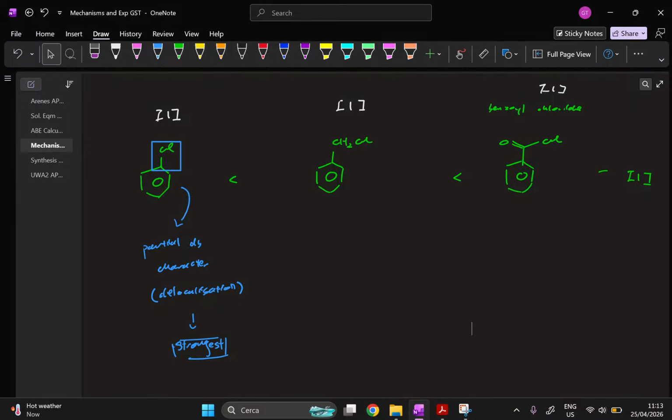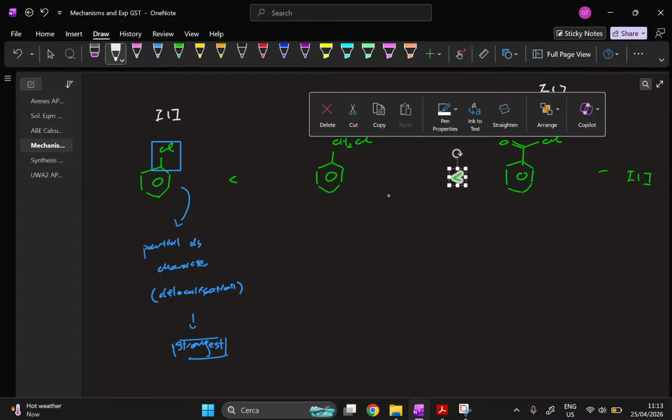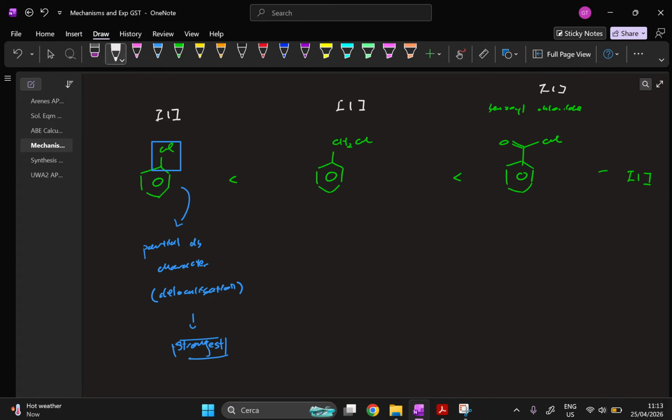Okay, so in this case, next one is to look at benzyl chloride, my alkyl chloride, as compared to benzoyl chloride, my acyl chloride. So I'm going to just expand this part a bit so that it's clearer to you. I have CH2Cl.